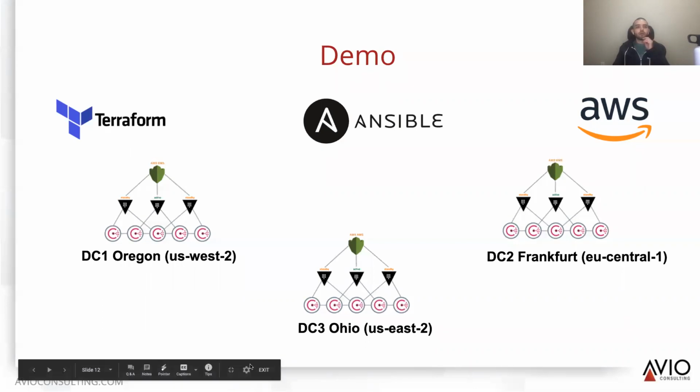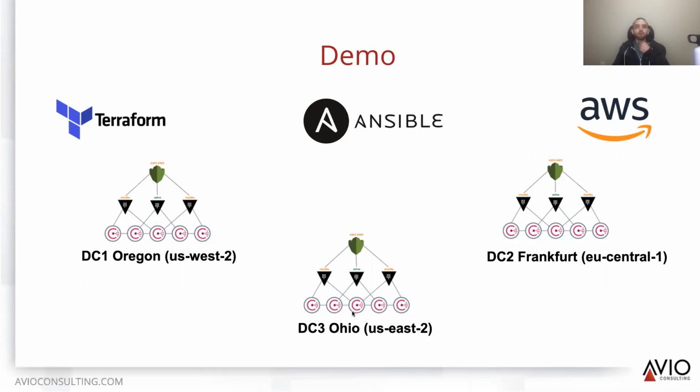The one in Oregon will be the primary cluster. The one in Frankfurt will be the performance cluster, and the one in Ohio will be the disaster recovery cluster.